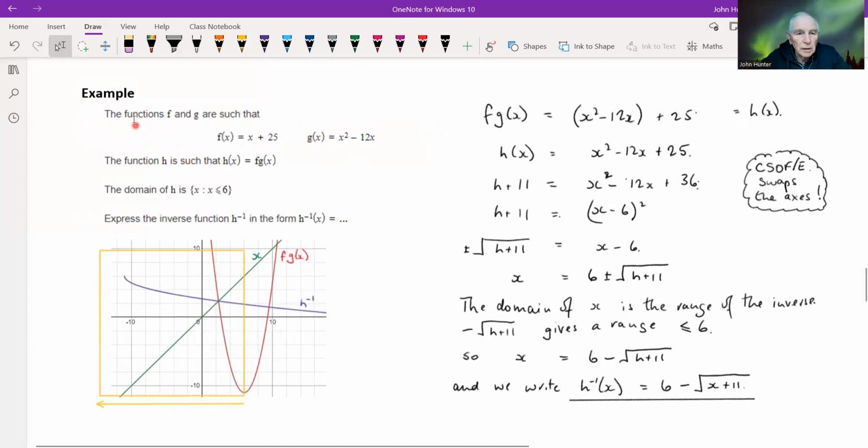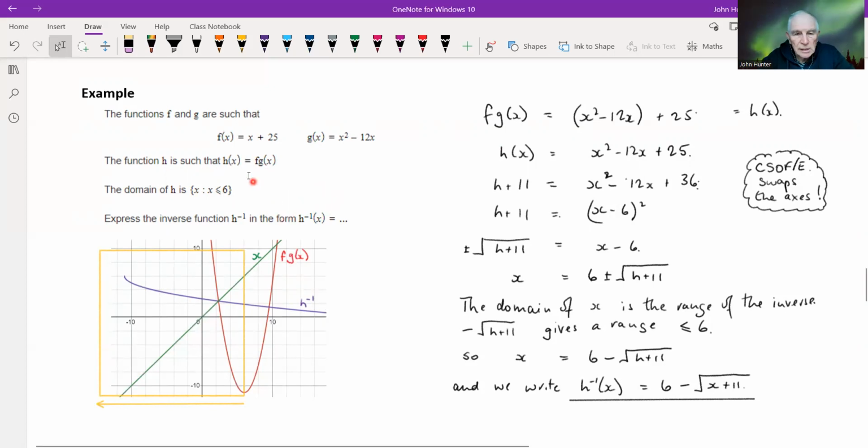Let's have a look. Functions f and g are such that f of x equals x plus 25, g of x equals x squared minus 12x, and h is the composite of f and g. The domain of h is x less than 6. So let's find the inverse of h.